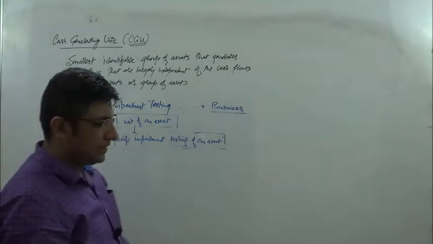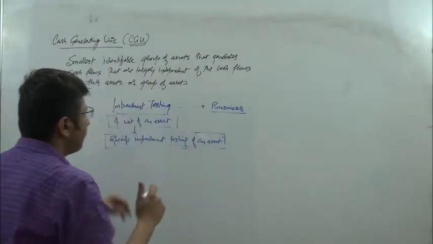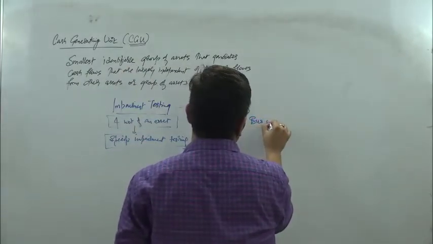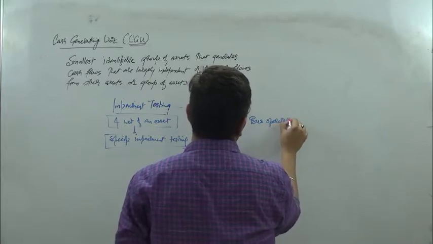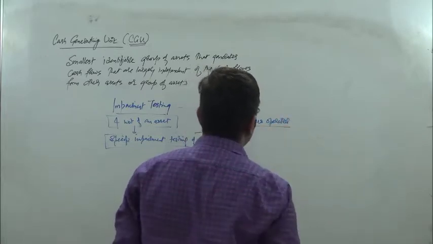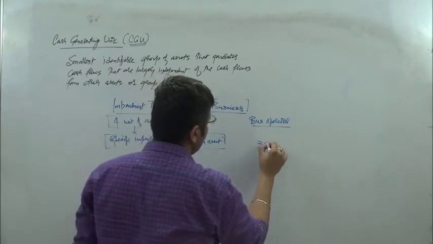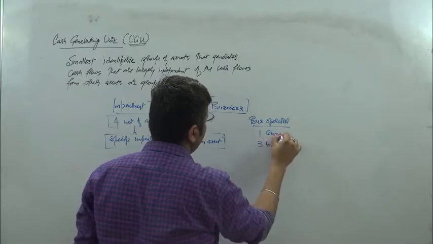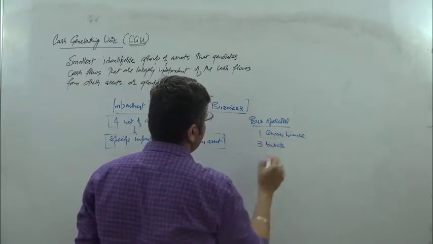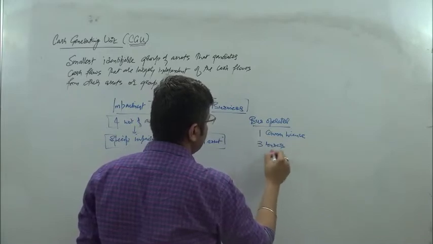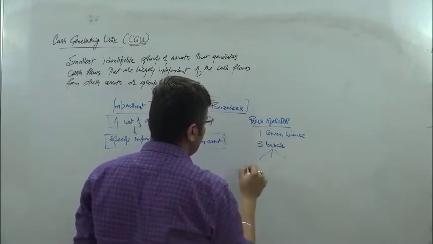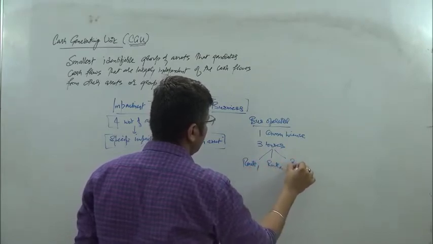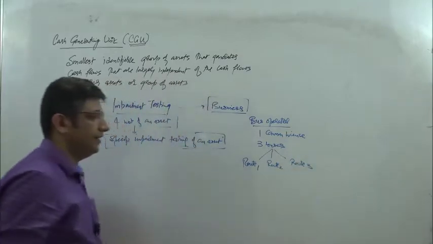So if I put it like this, let us say that there is a bus operator who owns 3 buses and 1 common license for route 1, route 2 and route 3 here.